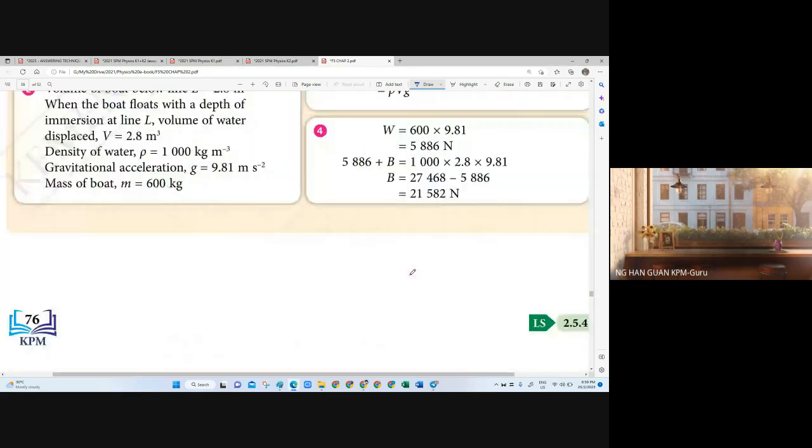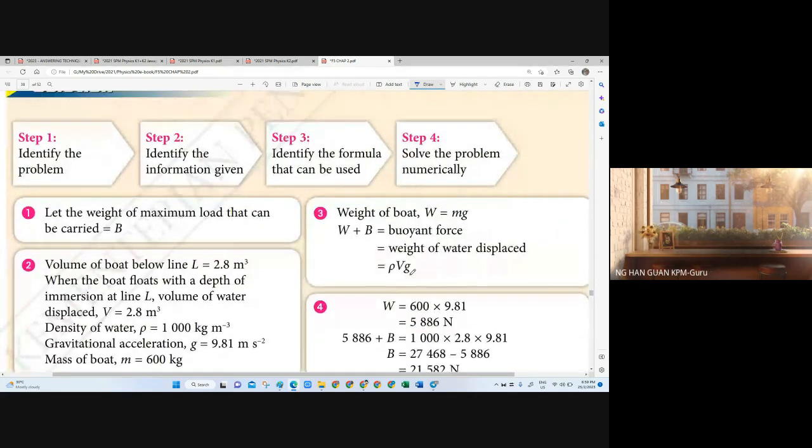I think that's all. As far as I know, you don't need to worry too much about the calculation part. Going through almost 20 years of past year SPM, I noticed that SPM doesn't really like to ask calculations on Archimedes' principle. They mostly ask for the explanation and the concept.